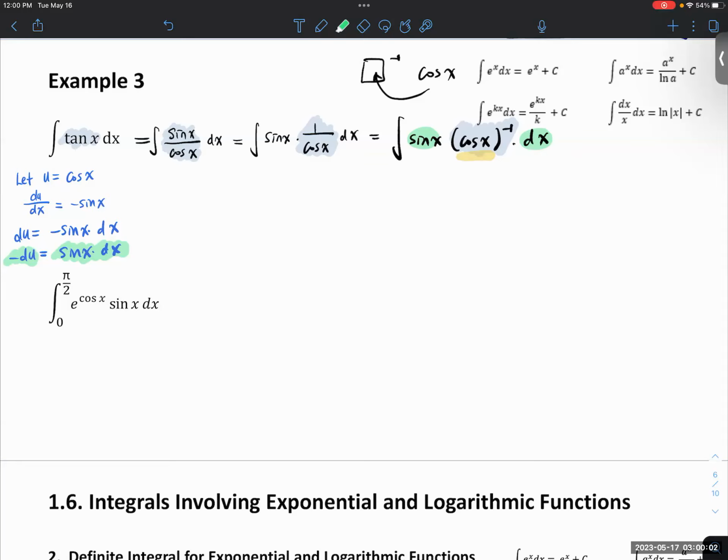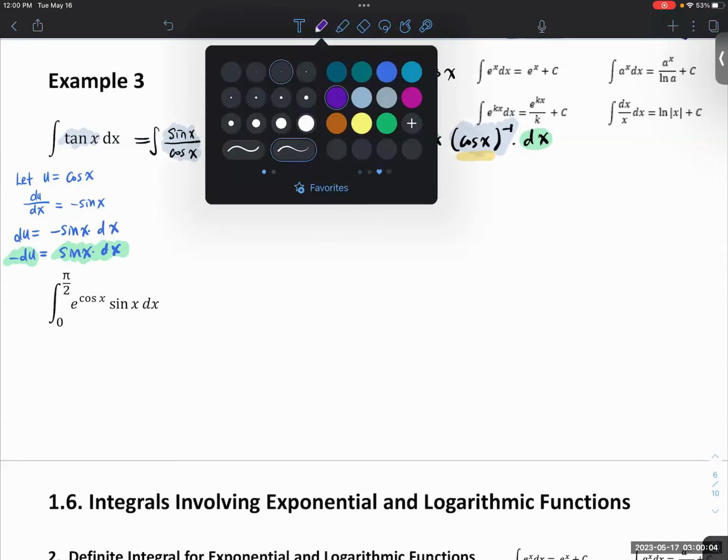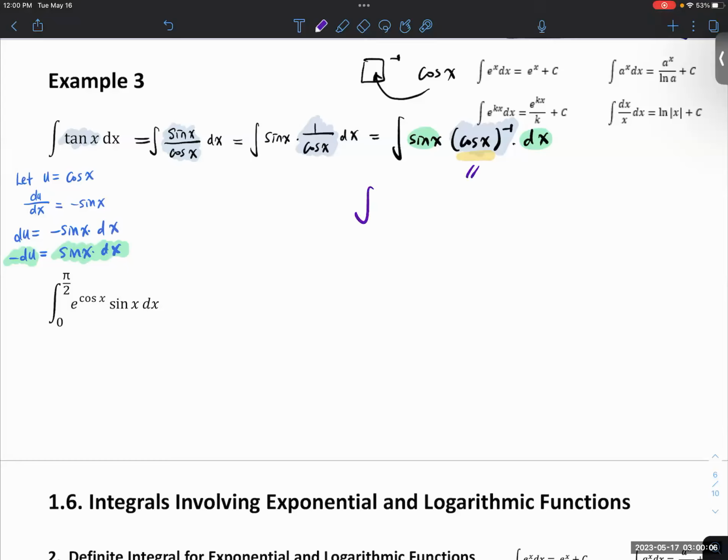Beautiful. So let's wrap up. We have here the integral of u to the -1 sine x dx, that's minus du. I'm going to bring the negative to the front, and u to the -1, that is 1 over u. So it is going to be the integral of 1 over u du. Are you following?